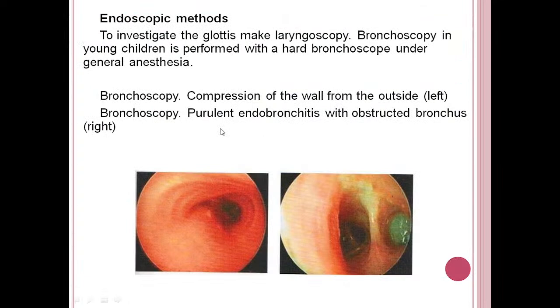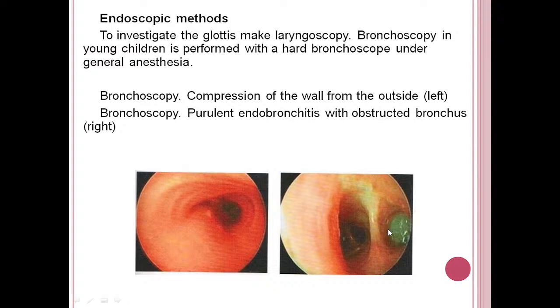Endoscopic methods, such as bronchoscopy. On the left side, you see compression of the wall from the outside, and an obstructed bronchus on the right side.